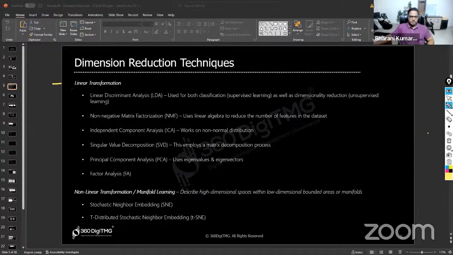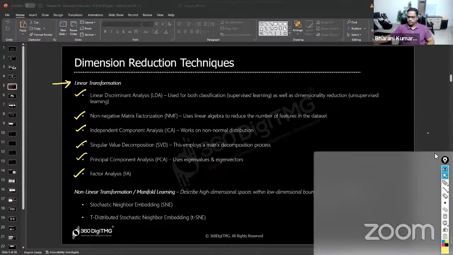When you have data which follows linear patterns, then we have LDA, NMF, ICA, SVD, PCA, factor analysis, and so on and so forth. Each of these has a different way of working.